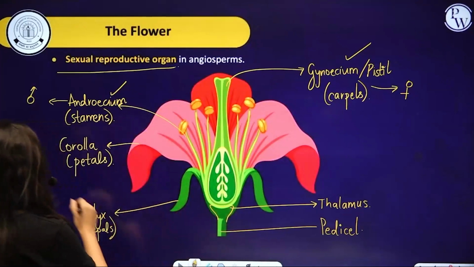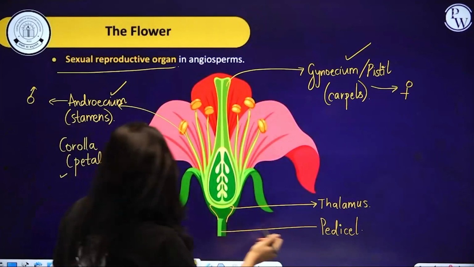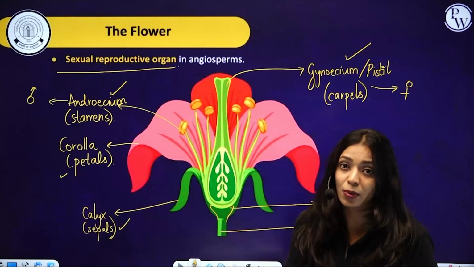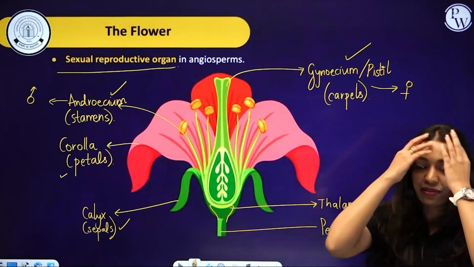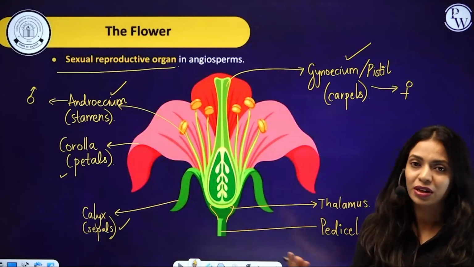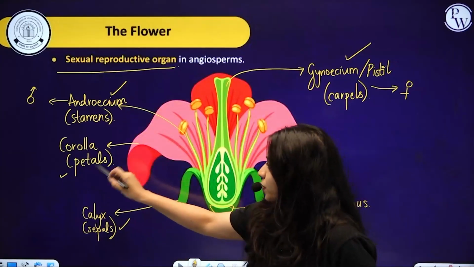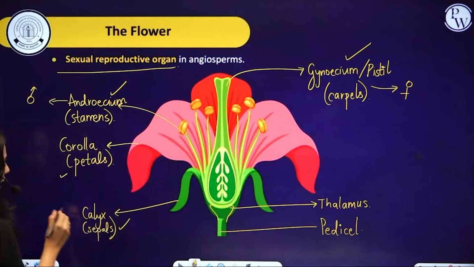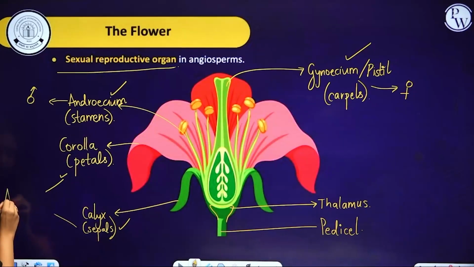Whereas when you consider corolla and calyx, sepals and petals, of course, if they are there in the flower, it is useful. But even if they are not there, the flower can still perform sexual reproduction. All right. So in this chapter, in flowers, we call corolla and calyx as accessory whorls.